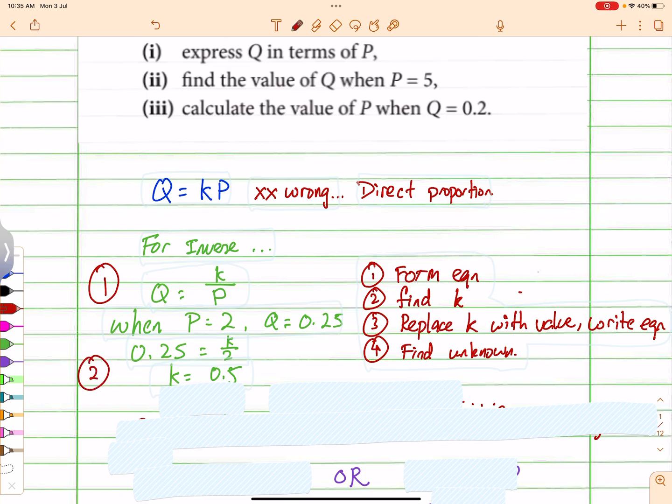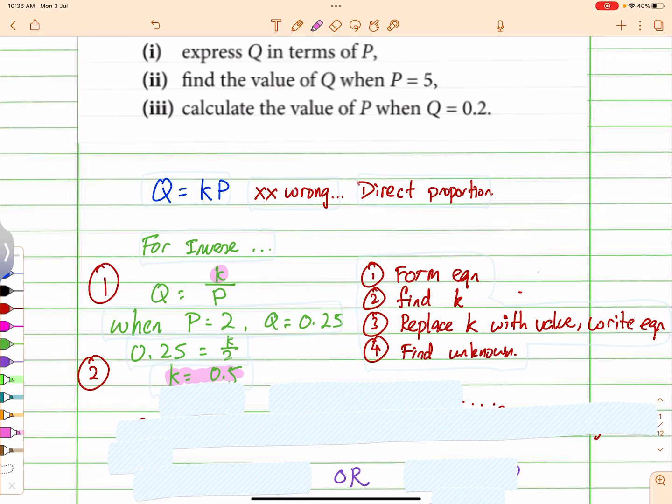Now, step 3, I want to replace my K. That means I want to put K equals 0.5 and replace in the K here. So let me show you how it looks. So replace in the K here, right?